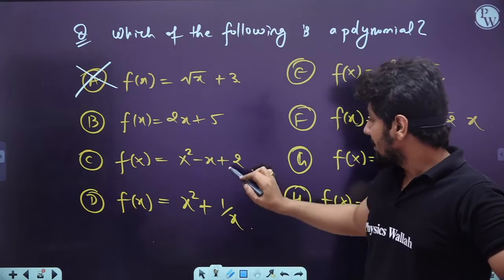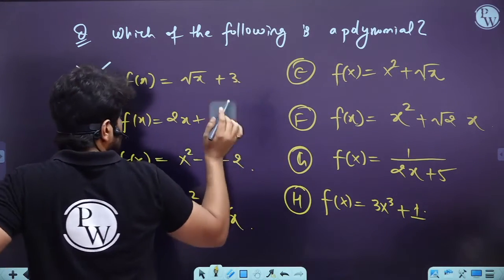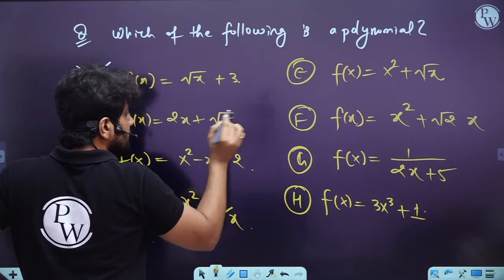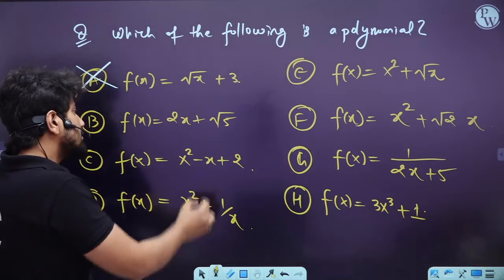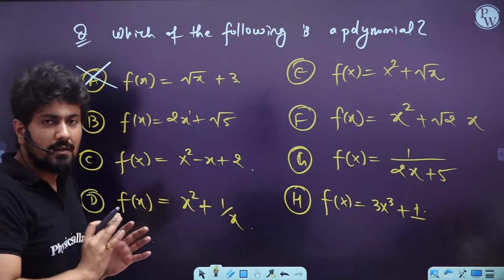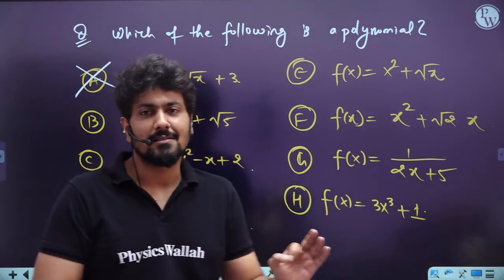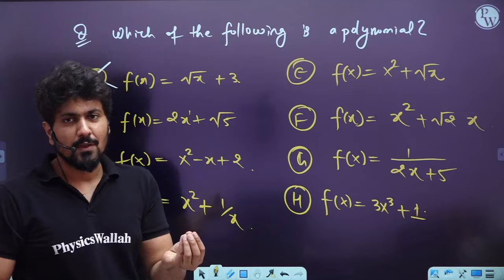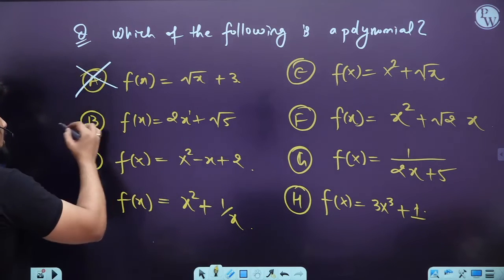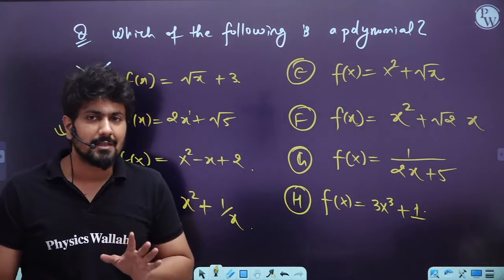In fact, 2x plus root 5 is also a polynomial, because the power of x is a whole number. Root 5 is a constant, just a number, like 2 or 5. The condition is on the power of the variable, that's it.